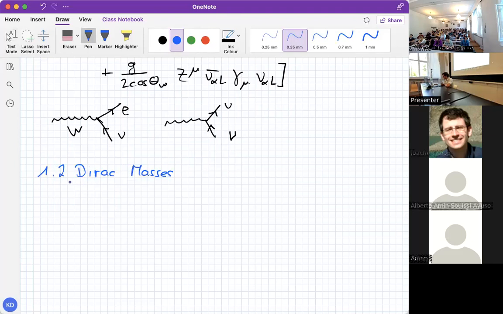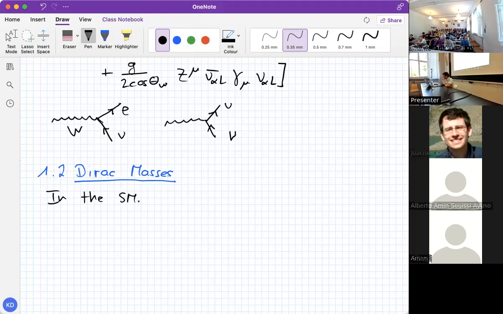So Dirac masses basically means explicitly introducing right-handed neutrinos with the same mass as the left-handed neutrinos and coupling them to each other. That is already, in a sense, physics beyond the standard model, because in the standard model there are only the left-handed neutrinos.